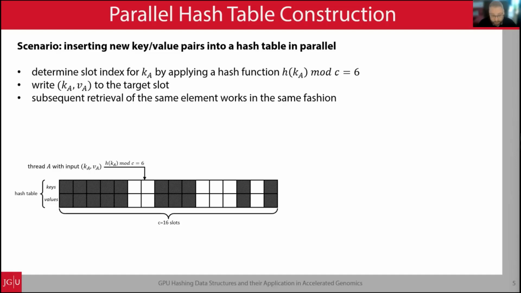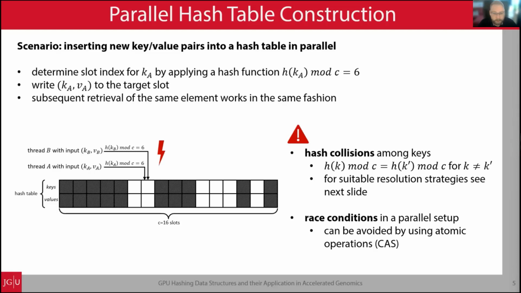If this slot is unoccupied, we can simply write the pair to that position and we're done. However, if this initial slot is already occupied by another pair, meaning we observe a so-called hash collision, we have to apply a suitable resolution strategy for this, which I will discuss on the next slide.